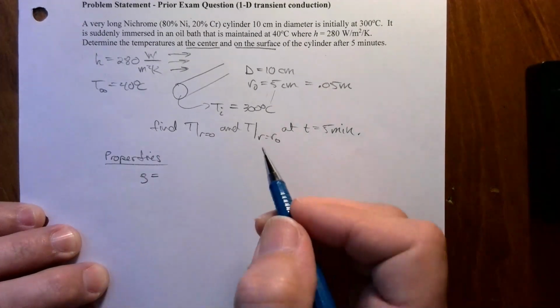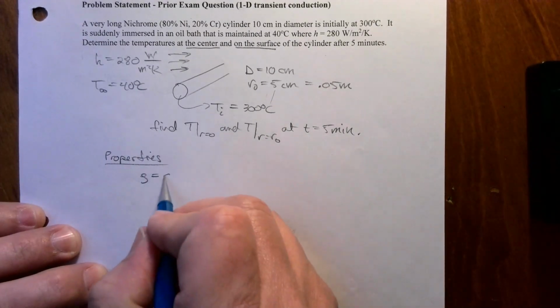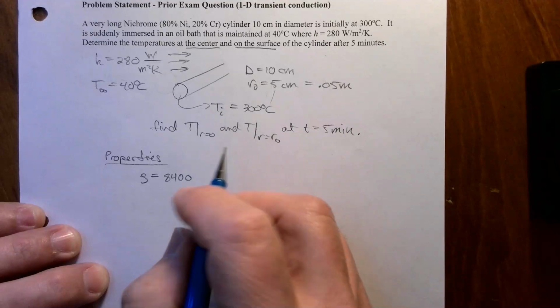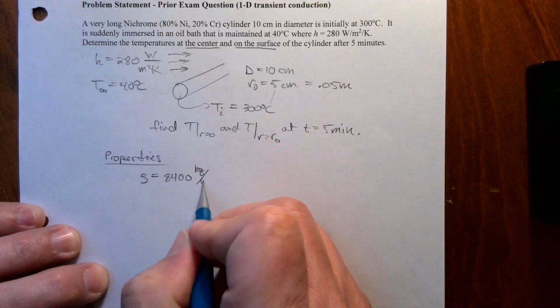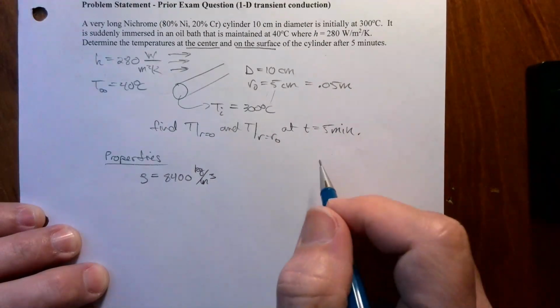Typically, we're just going to use the density at 300 K. So the density of this nichrome is 8,400 kilograms per cubic meter.